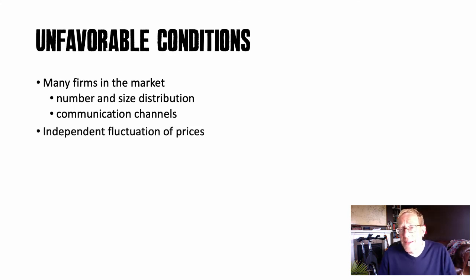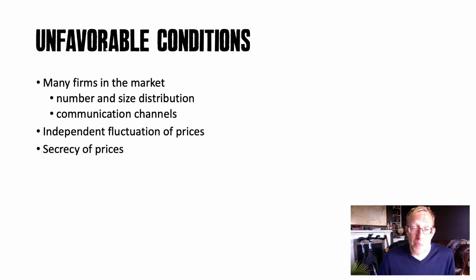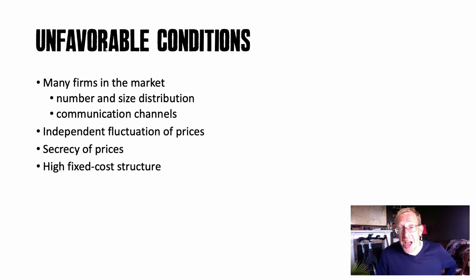It's easy to have the communications go astray, and so somebody gets the wrong message. If there's independent fluctuations in the market in terms of price, where the prices just randomly go up and down, it's going to be a lot harder to keep prices under control. If prices are secret, it can make it harder to form a cartel. If there's a high fixed cost structure, so think about Boeing and Airbus.